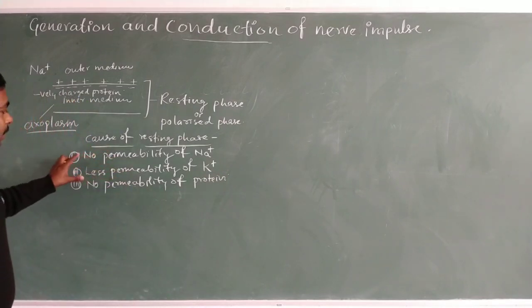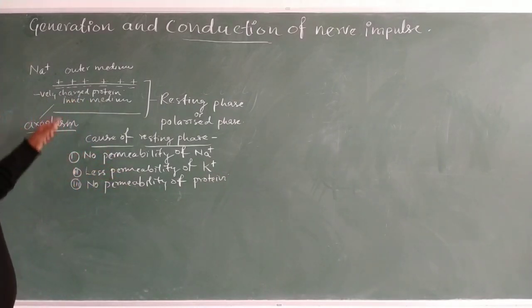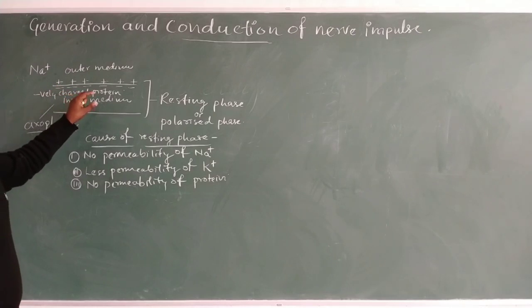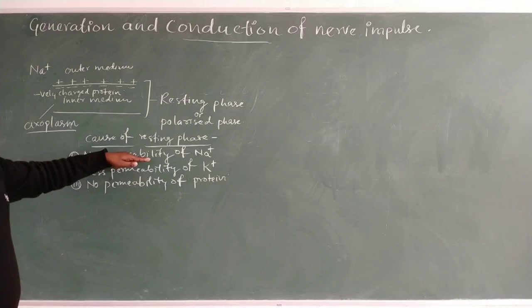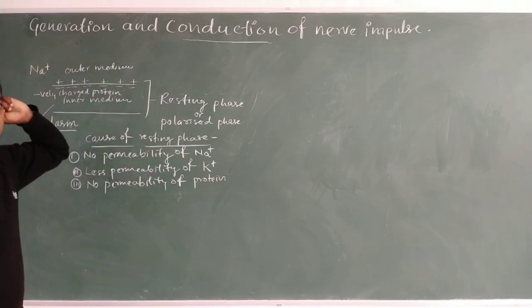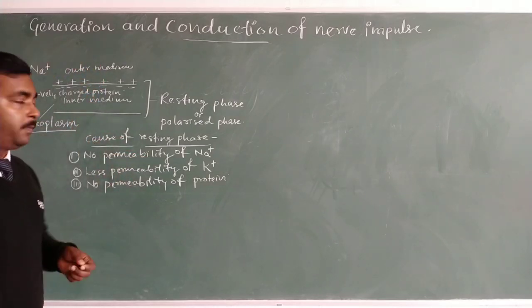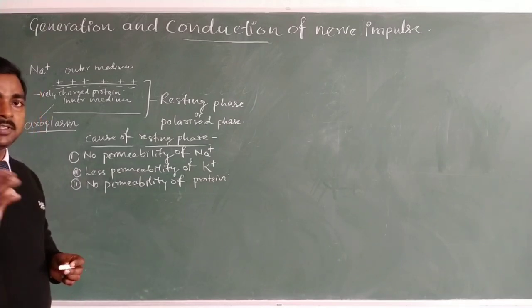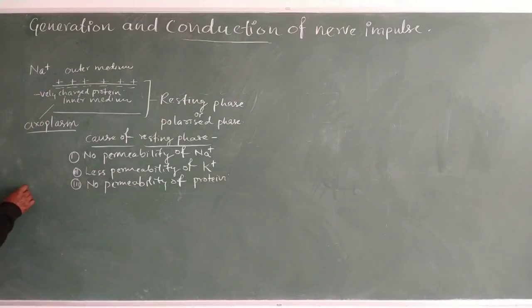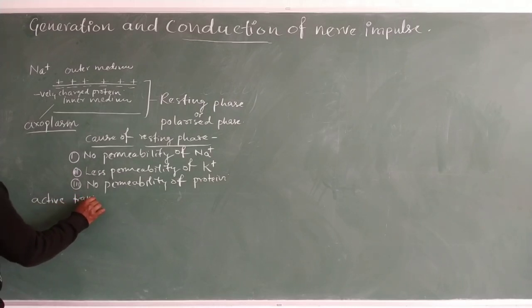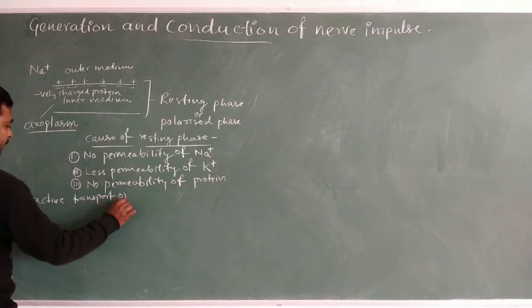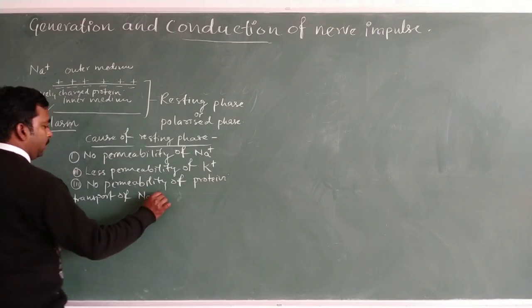So these are the three reasons due to which the negatively charged protein remains inside the cytoplasm, while the sodium ion, which is positively charged, remains outside the plasma membrane. And this is done with the help of active transport of sodium and potassium ion.